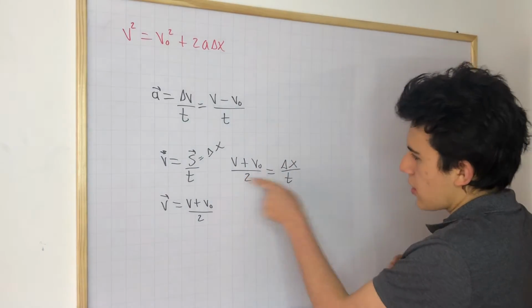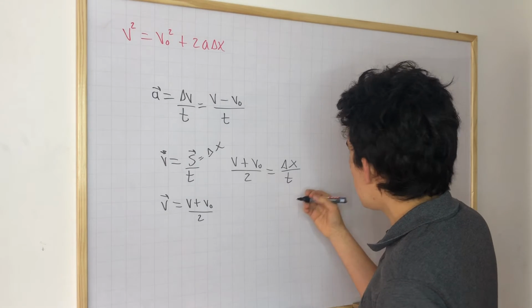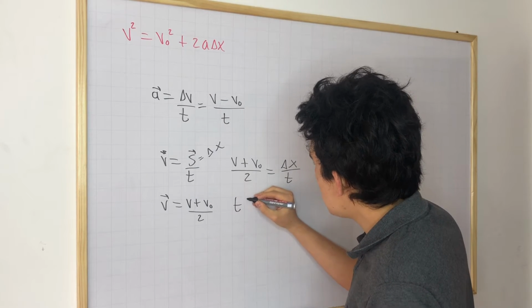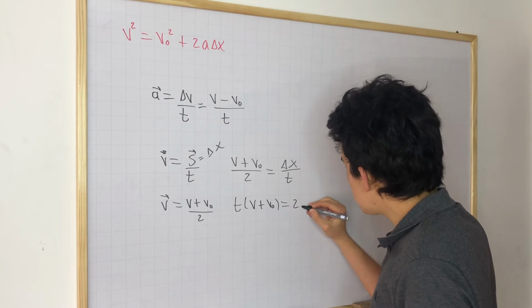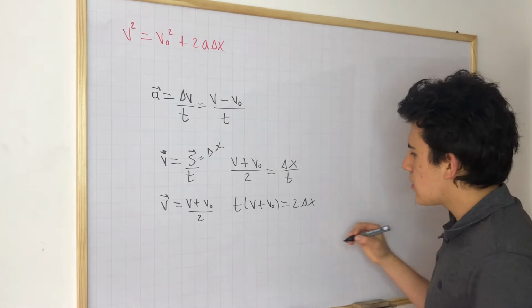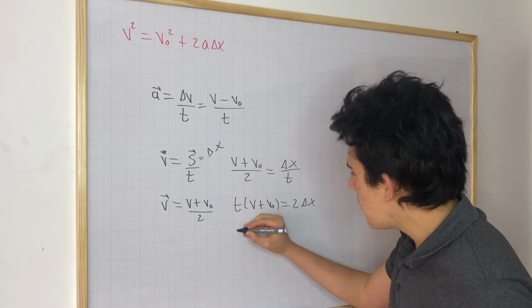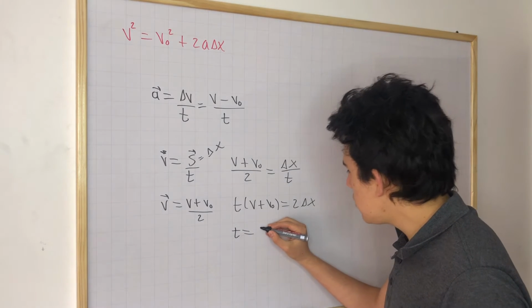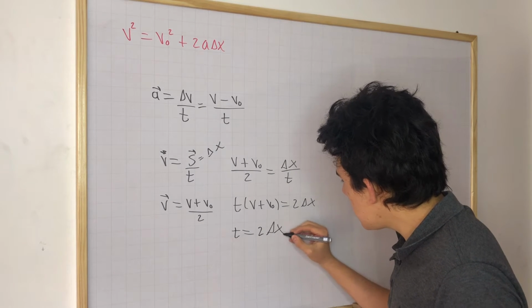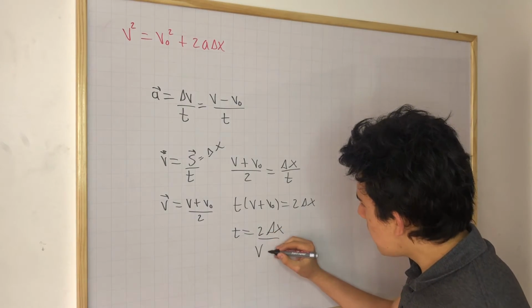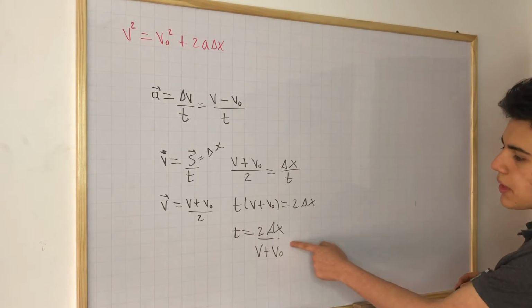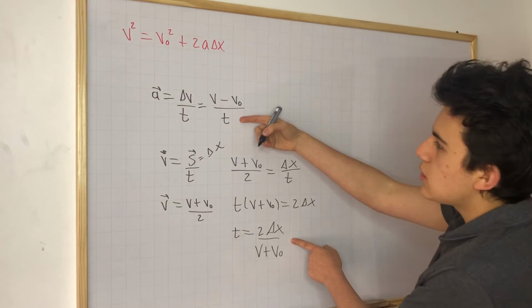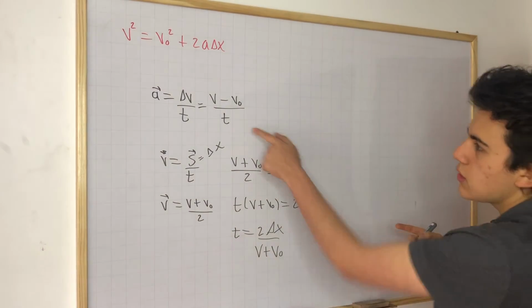Remember, we're trying to write t in terms of other variables. So here I'm going to cross-multiply: t times v plus v naught is equal to 2 times change in x. So time is equal to 2 times change in x divided by v plus v naught. Now we can plug this expression into t in here.